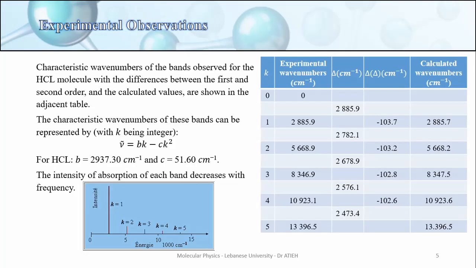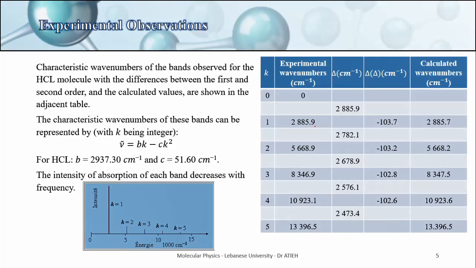This slide here shows the experimental observations for the spectra in the infrared region for the HCl molecule. So we observe certain characteristic wave numbers of the bands observed for the HCl molecule. We can see that we have a band or a wave number at 2885.